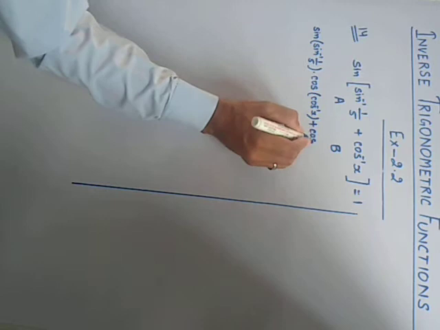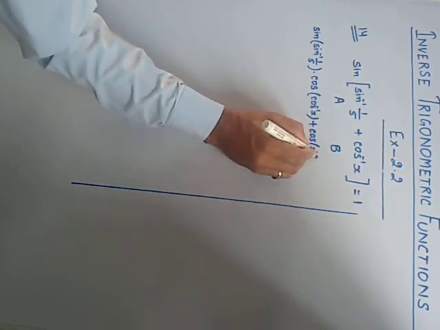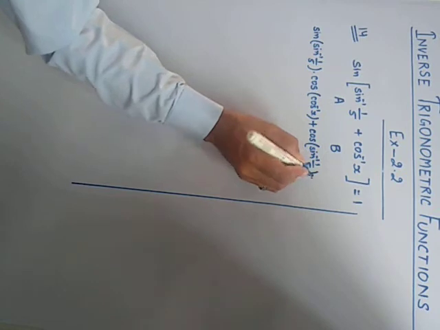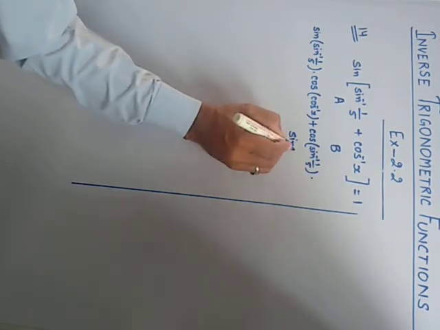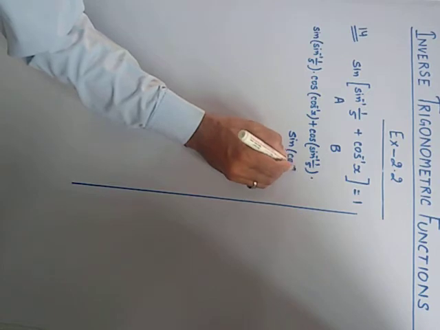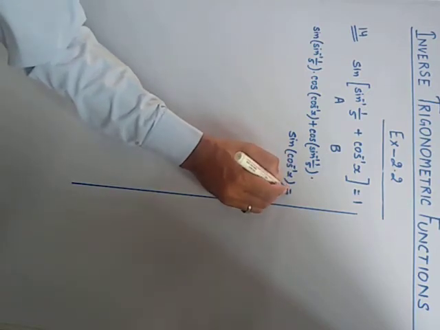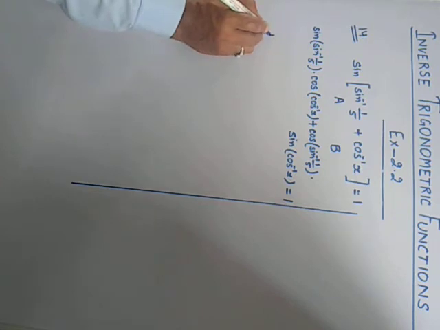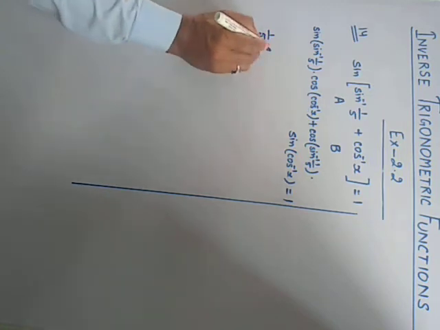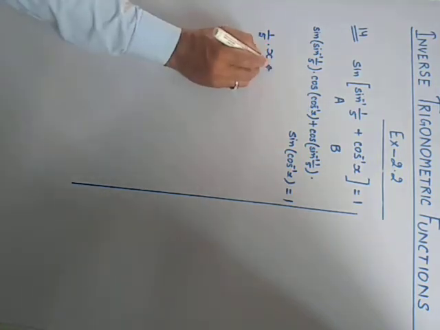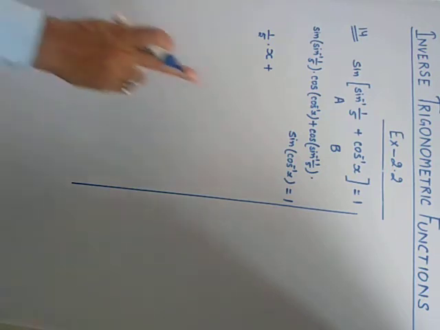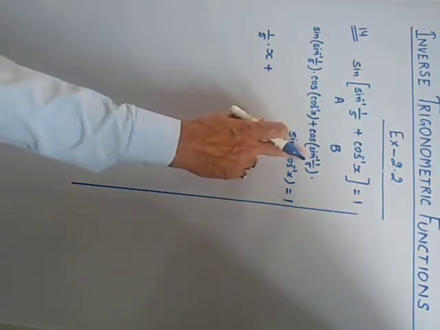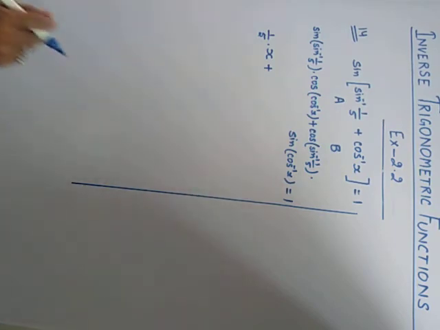So cos a, that is cos of sin inverse 1 by 5, into sin b. So sin of cos inverse x equals 1. Now sin of sin inverse 1 by 5 is 1 upon 5, into cos of cos inverse x is x, plus we have to find the value of cos sin inverse 1 by 5 and sin cos inverse x.